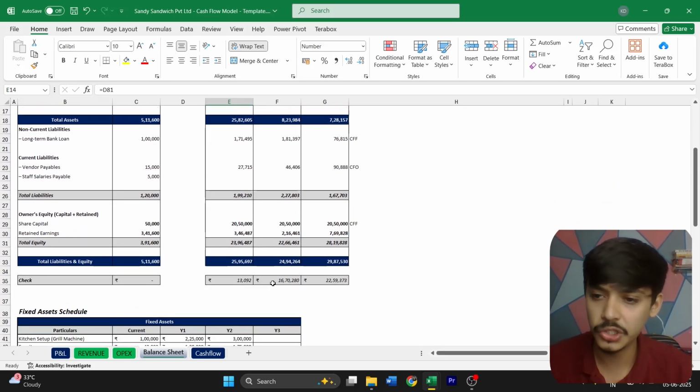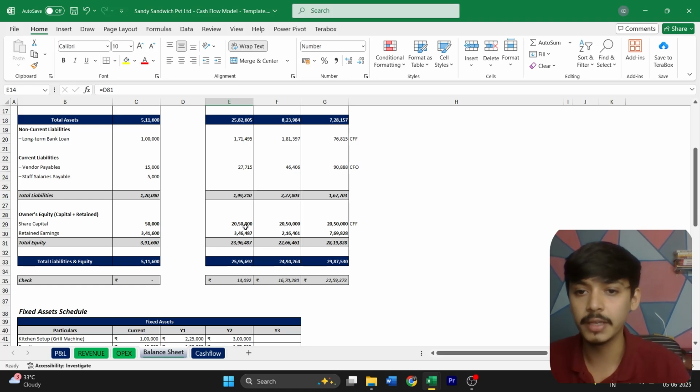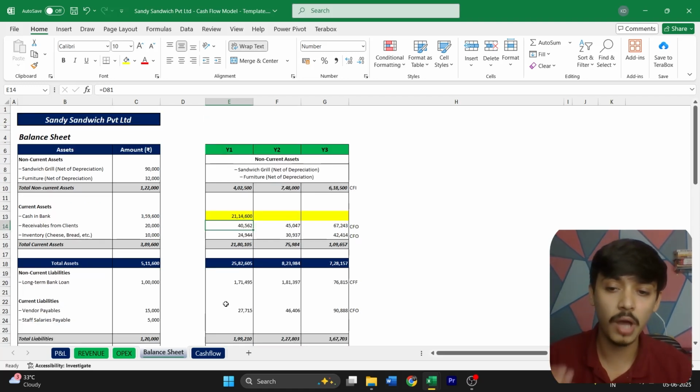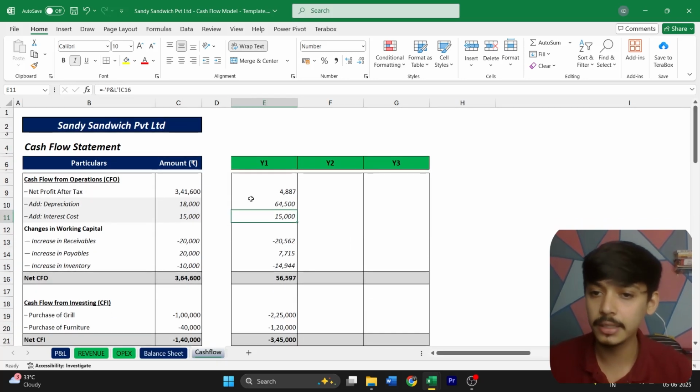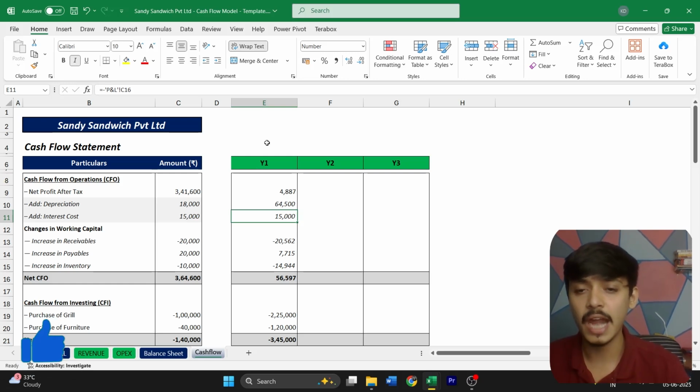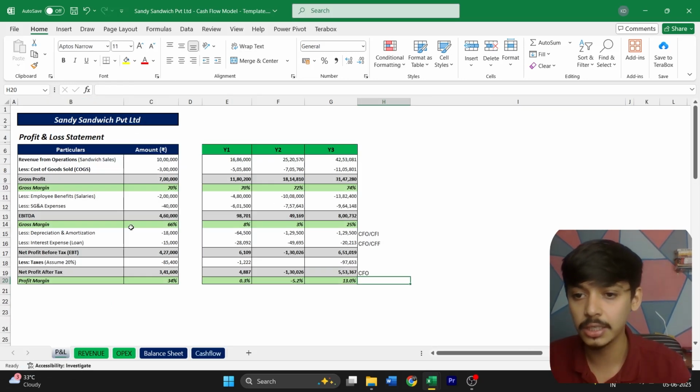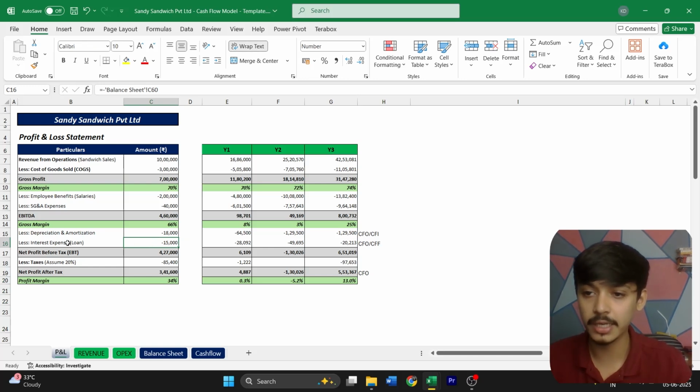When we see our check, we have a reference error of 13,092, which we need to solve for. Because of this, the balance sheet is not tallying. We can see that the assets are less than the liabilities. For this, we need to do a reference check of the entire cash flow statement. We can see that the interest element that we took is the same as the previous year, and when we check in the formula bar, we took PNL C16, which is the interest for the previous year, that is 15,000.